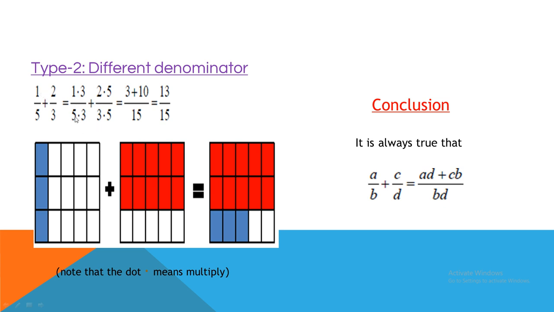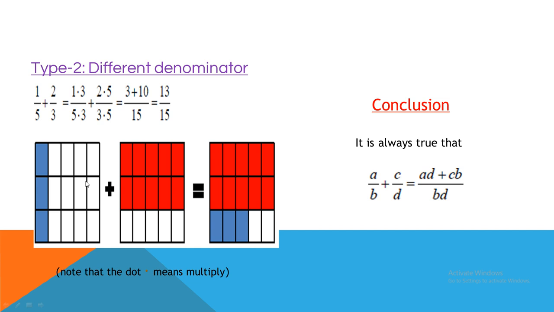So we multiply 5 with 3, 1 with 3. Similarly 3 with 5 and multiply 2 with 5. So we'll get denominator 15, numerator 3 plus 10, 13 out of 15. So how to represent 1 upon 5? 1 upon 5 is the same as 3 upon 15.